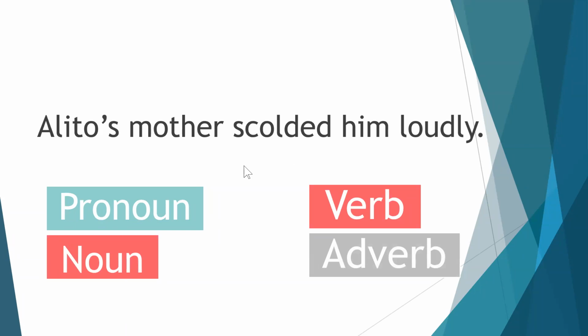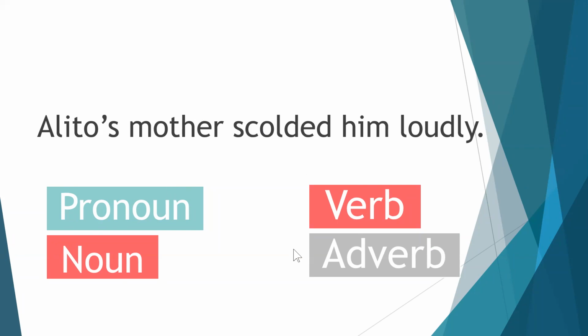Remember that a pronoun is the short form of the noun. And a noun is the person, place, or thing, or idea. So if a noun is a person, place, thing, or idea, and a pronoun is the short form of the noun, the pronoun is like "nia". Where is the word that is like "nia" in this sentence? Him. Very good. The pronoun is him.